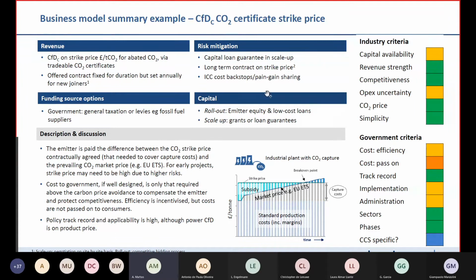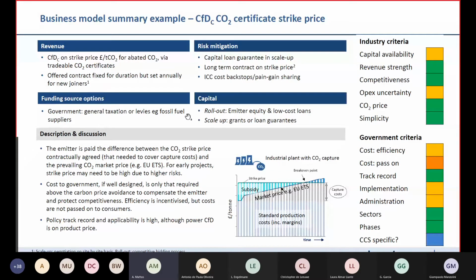So what we've done here is bring together that revenue model, which is a fixed contract on your strike price for the whole duration of the project, with some risk mitigation options such as loan guarantees on capital, so the public sector guaranteeing those to reduce the financing costs.